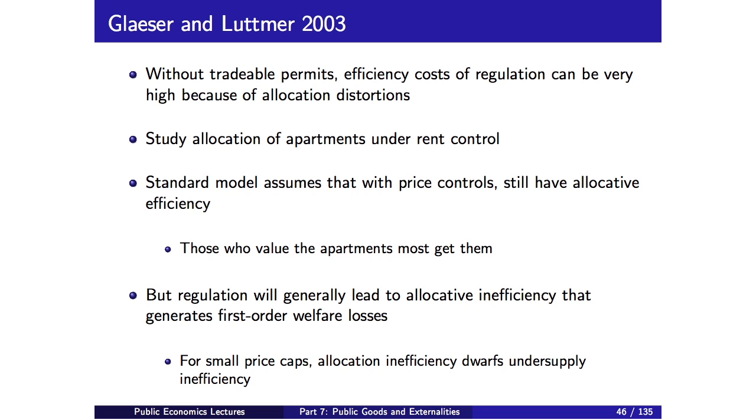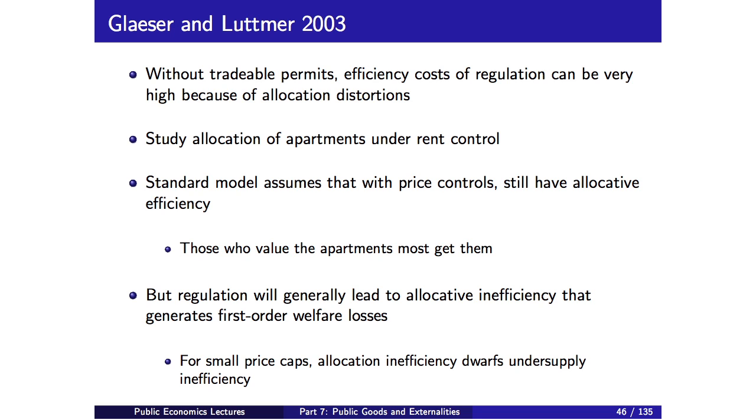But their point is that regulation will generally lead to an allocative inefficiency that generates first-order welfare losses. So in particular, you no longer have the right guys in the right apartments, because once you put in this regulation, the standard allocation mechanism breaks down because you can't basically allocate apartments by price.